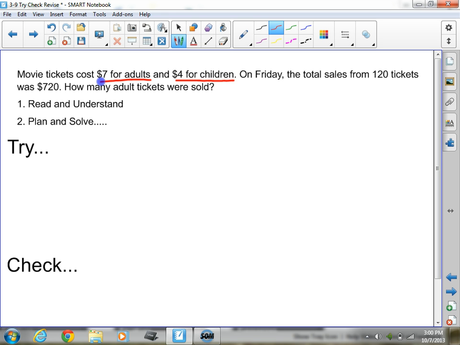We're looking for the total sales of 120 tickets sold, which came to $720. The question is asking how many adult tickets were sold. So we're not going to focus on the children, we want to know how many adult tickets were sold.